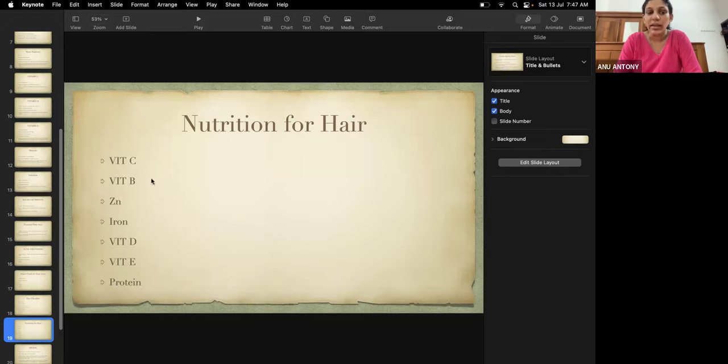Coming to vitamin B, vitamin B is a complex thing where you have vitamin B12, B1, B2, B3, all those sources. So basic vitamin B sources are your cereals, whole grains, and even fruits. And iron. Iron is again the vegetables, all those things.